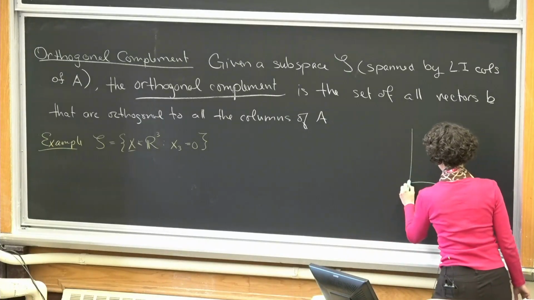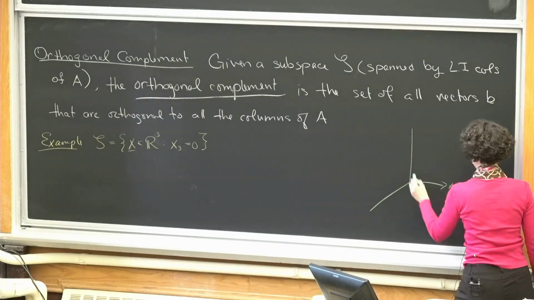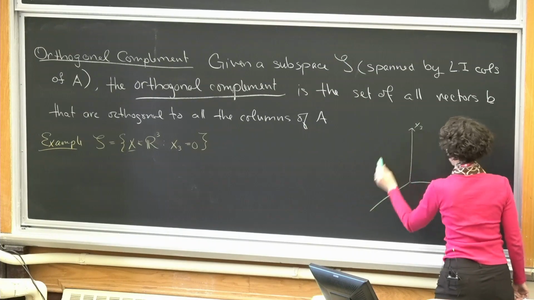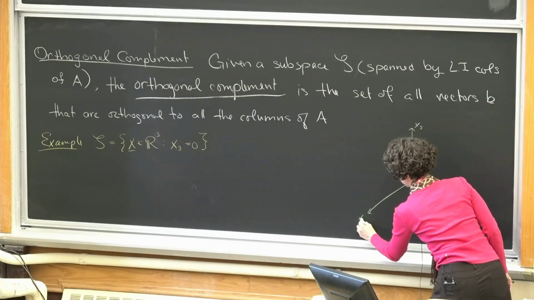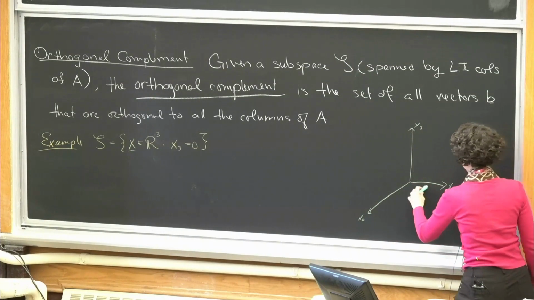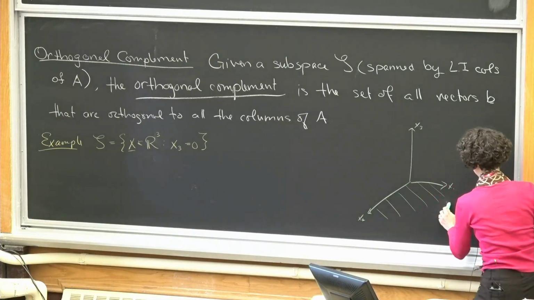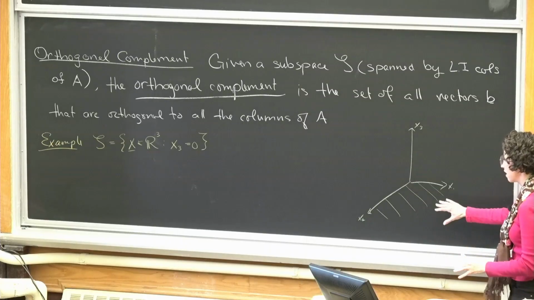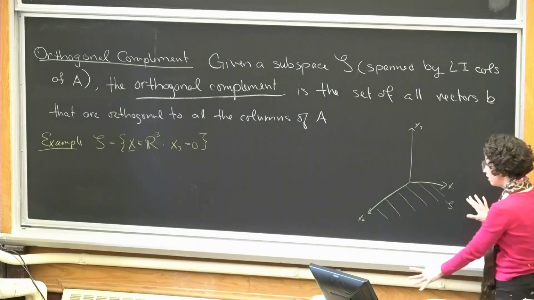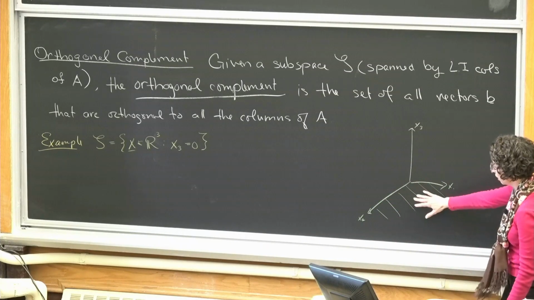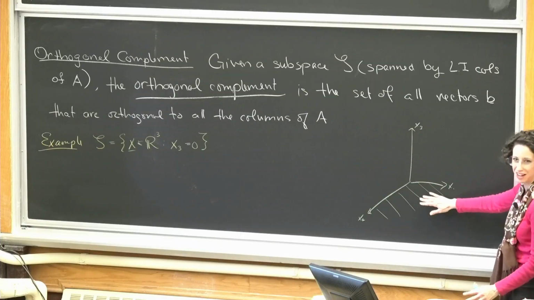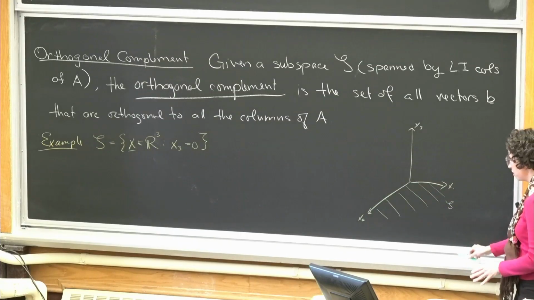So we can just draw it again. Here's my first coordinate, third coordinate, and second coordinate. In this case, that subspace S corresponds to the horizontal plane. And like before, I want to emphasize the subspace goes infinitely far in all directions. I'm just drawing it this way to convey it's the horizontal plane. It's a little hard to do on the board.